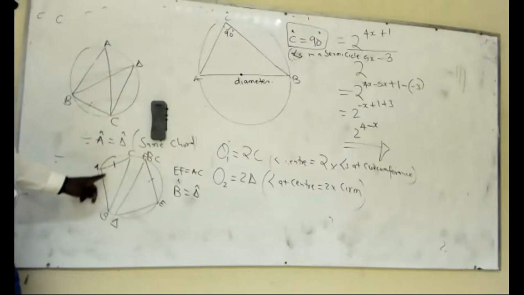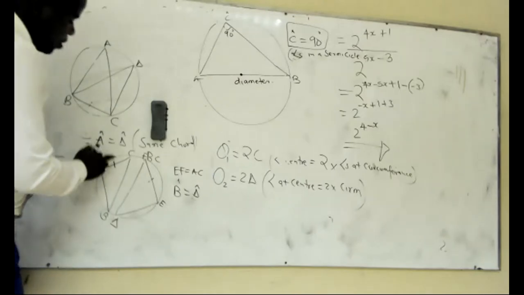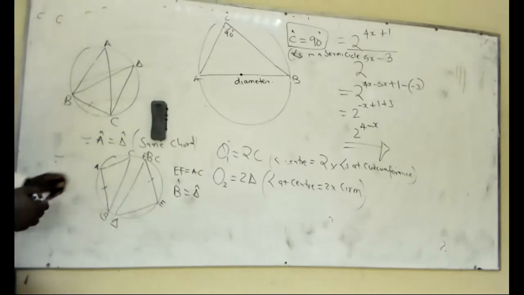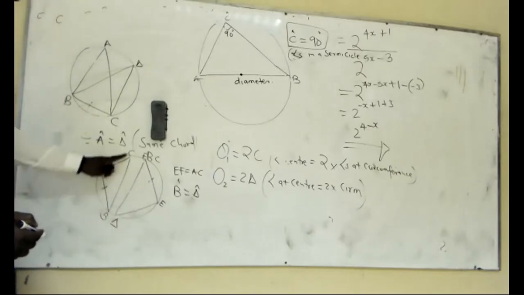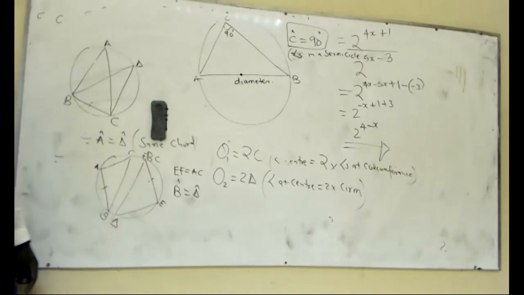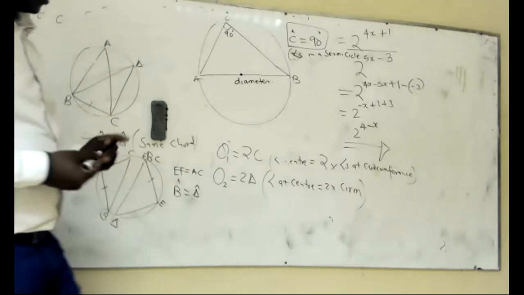It's because I swapped this. Otherwise, if instead of AC I said AB, then C was going to be equal to D. You see that? Yes, exactly.